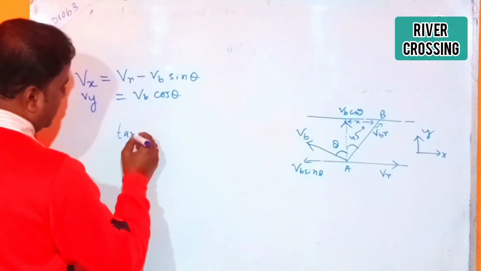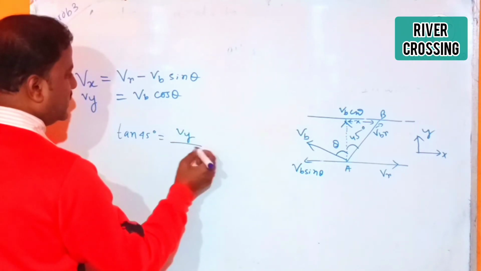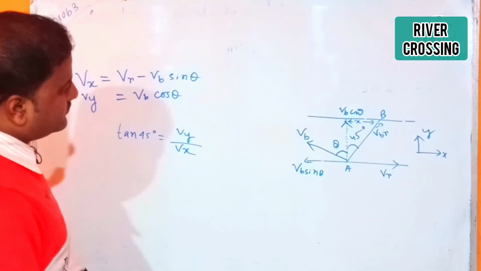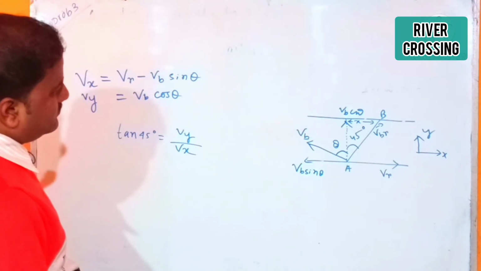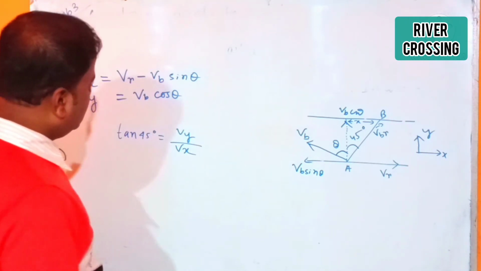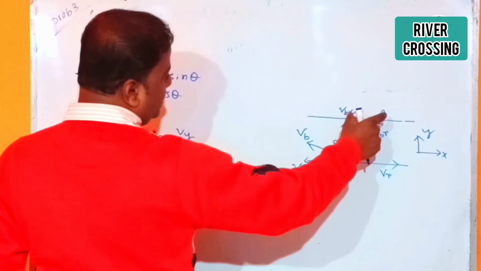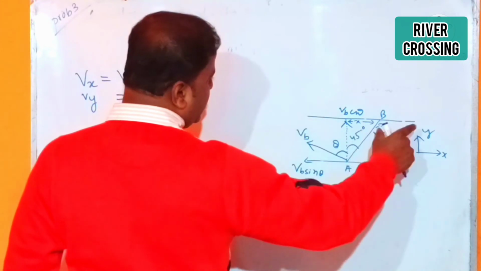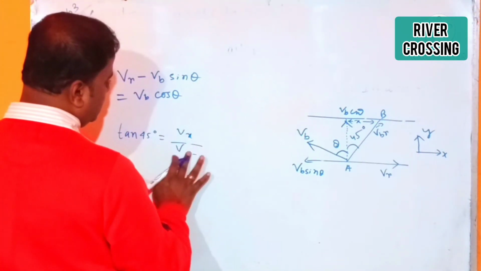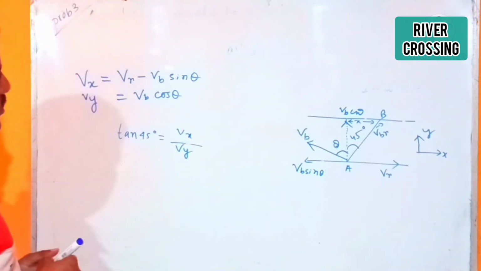Therefore, tan 45 degree equal to Vx by Vy, the velocity along x direction by the velocity along y direction.